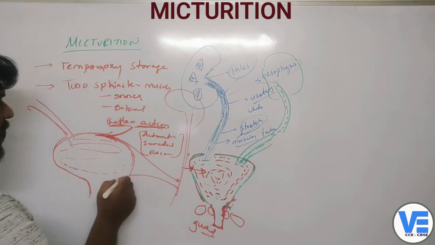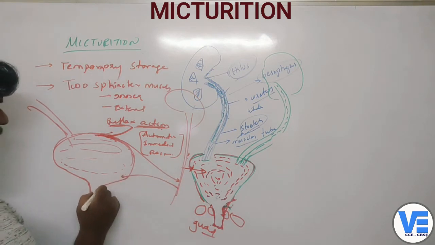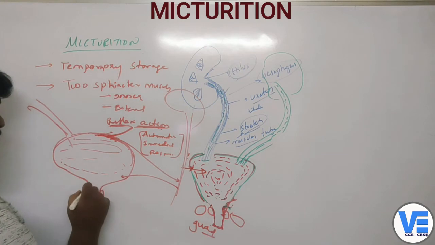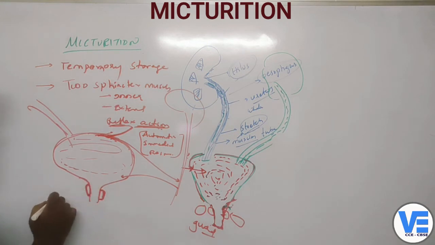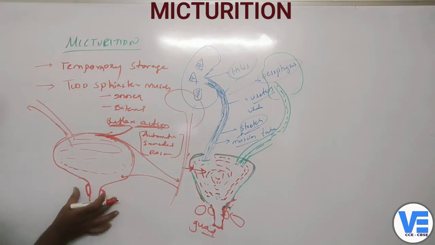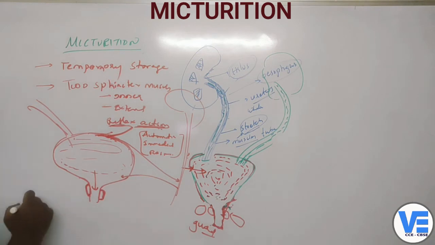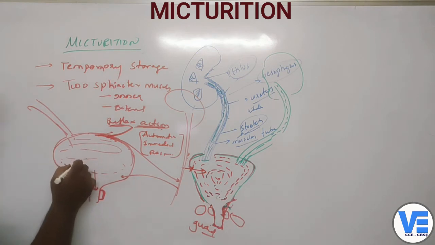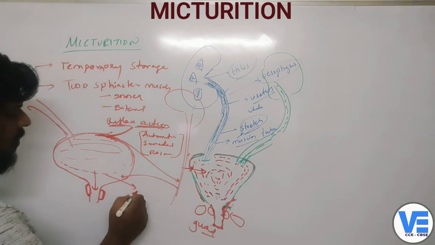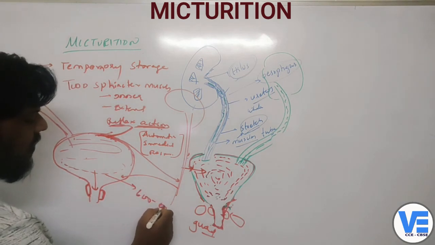Both the internal and external sphincters will contract and will not allow the urine to come out. They guard the urine from coming out of the urinary bladder. The capacity of the urinary bladder is around 600 to 800 ml.